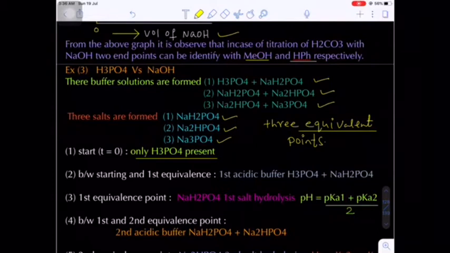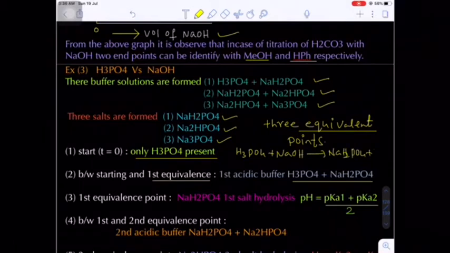Okay. In the beginning, what happens? Just now I told you, in the beaker only phosphoric acid is present, so we can decide the pH with the help of phosphoric acid. Once we are adding the NaOH to the H3PO4, before reaching the first equivalent point, you will get the first buffer, that is H3PO4 plus NaH2PO4.